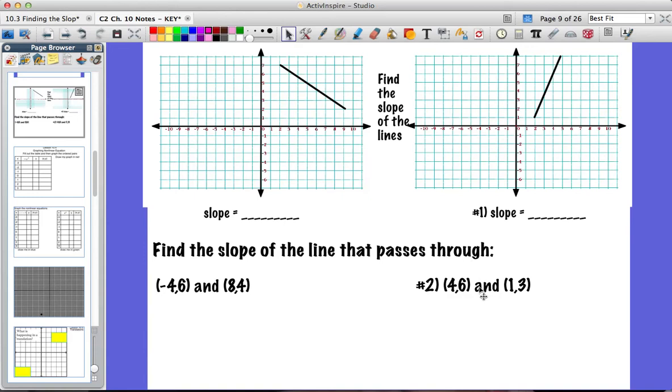Okay, I want you to try this second one on your own and post that answer to Edmodo. Right, so this is your number 1 giving me the slope, and this is your number 2 also giving me the slope, but using the different variations that I've given you.